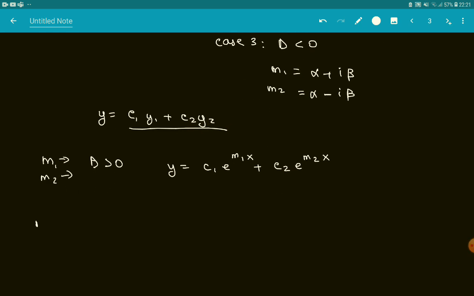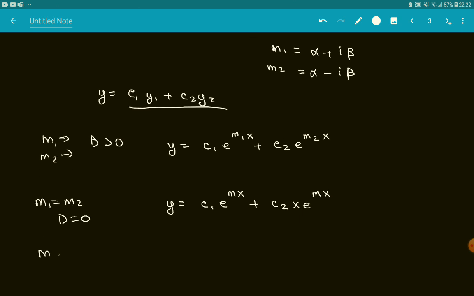If it is case 2, where m1 is equal to m2 and the discriminant is equal to 0, and it has one real root, we will have y equal to c1 e to the power mx plus c2 x e to the power mx. Because m is the same, we don't specify it separately.